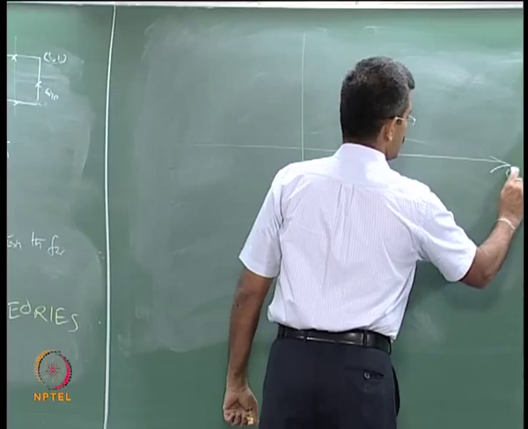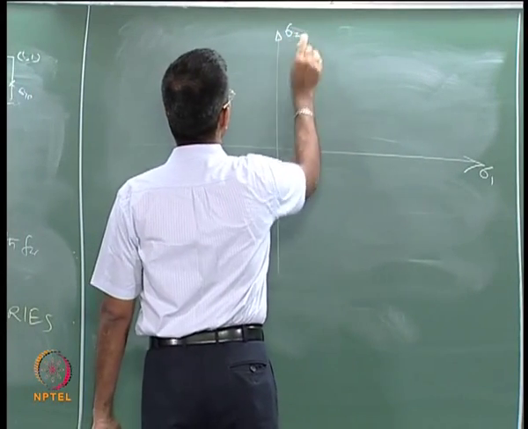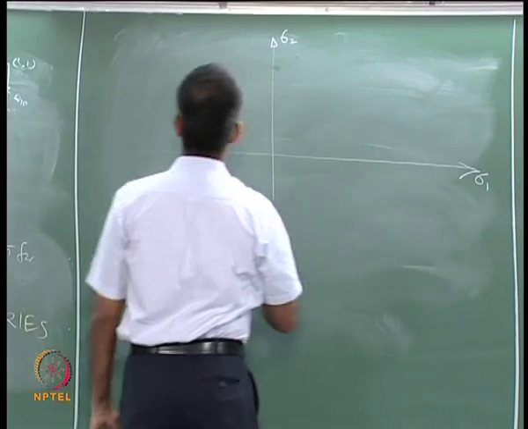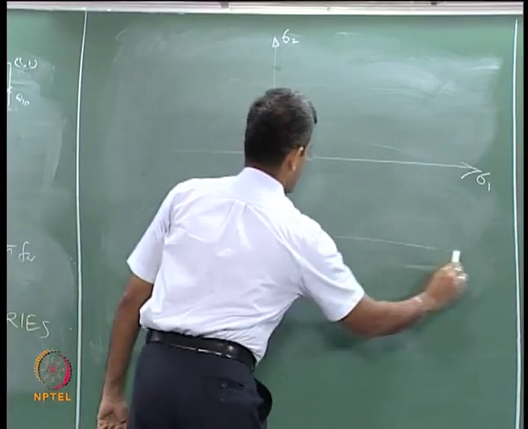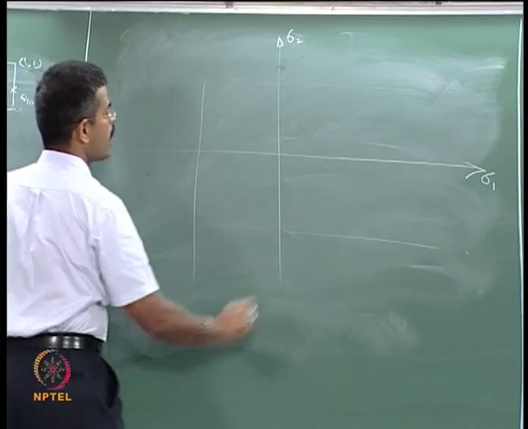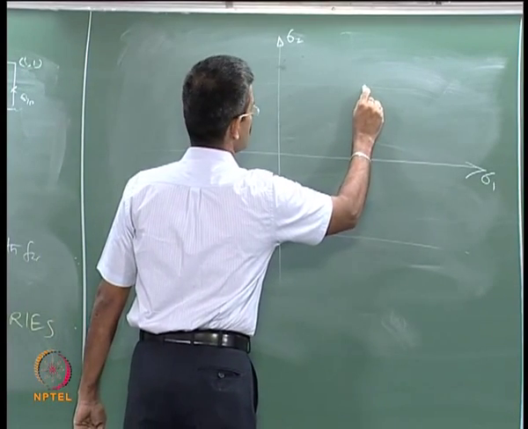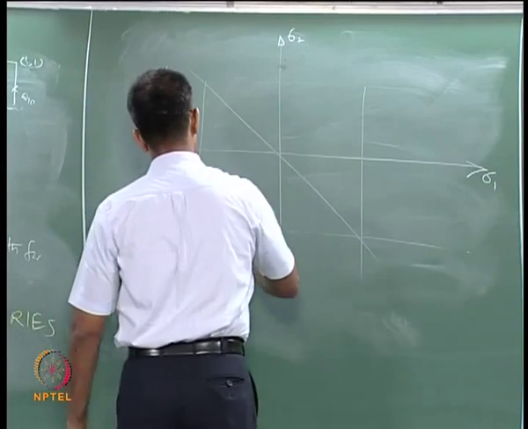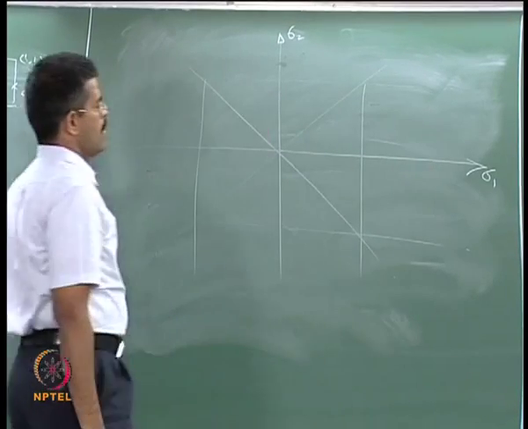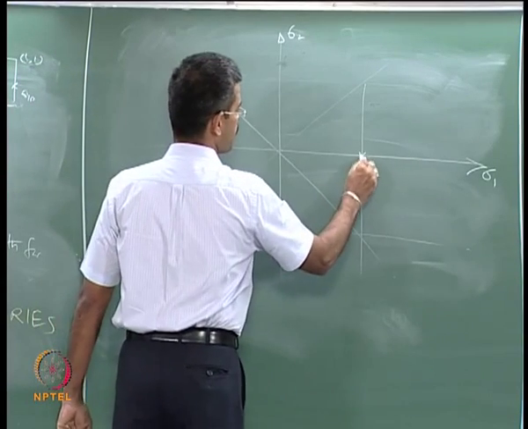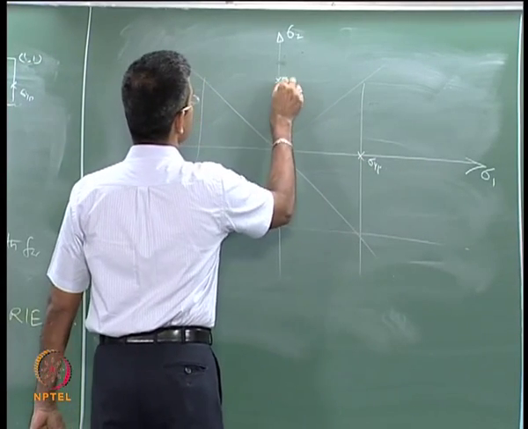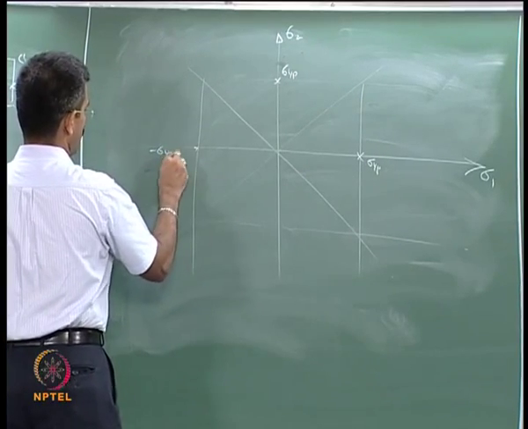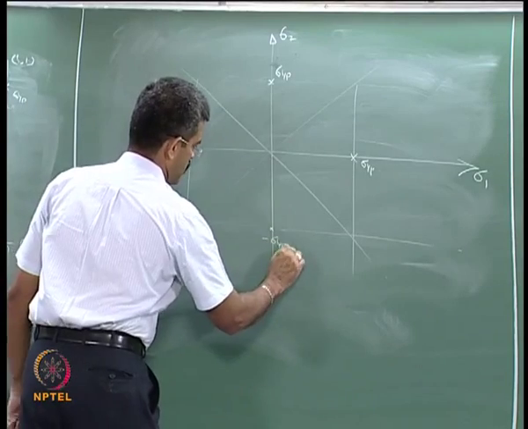This sigma 1, this sigma 2. This is sigma yp, this is sigma yp, these are all positive, minus sigma yp, minus sigma yp.